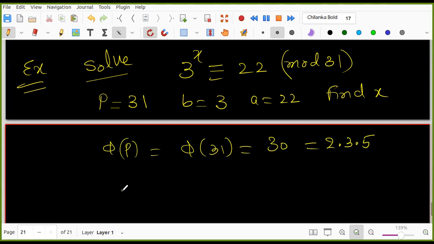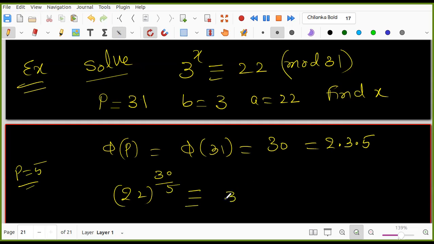So now let us take the largest prime here, that is 5, and its power is 5 power 1 only. So 22 power 30 by 5 is congruent to, since 22 is 3 power x, 3 power x power 30 by 5 mod 31.